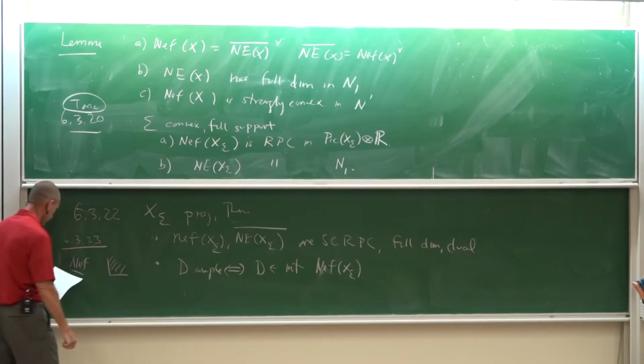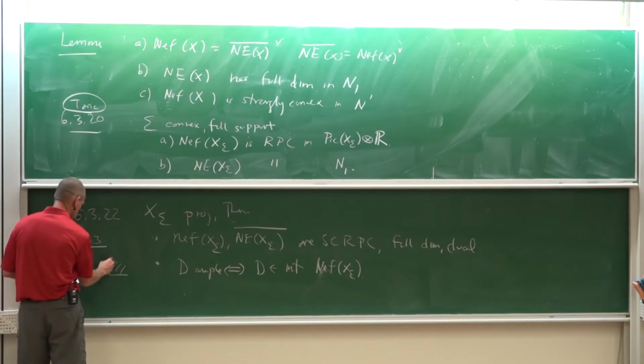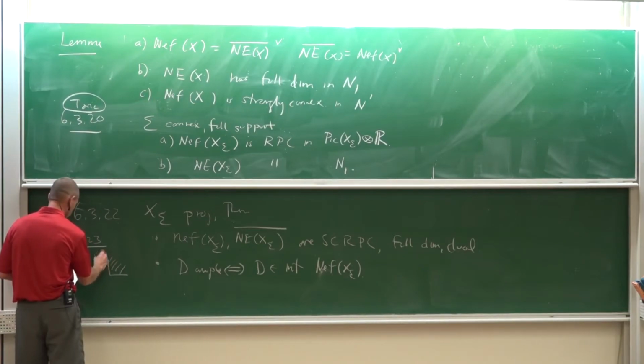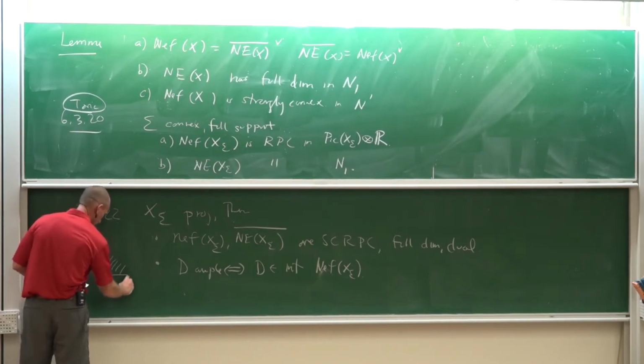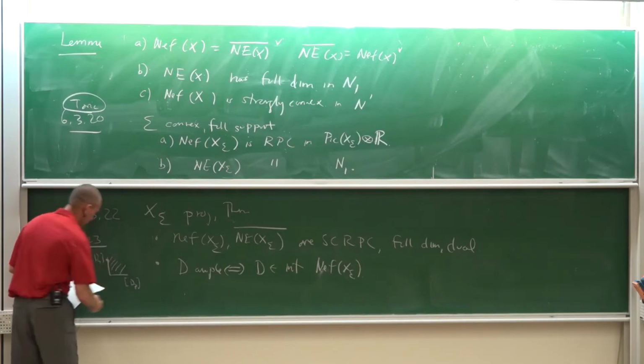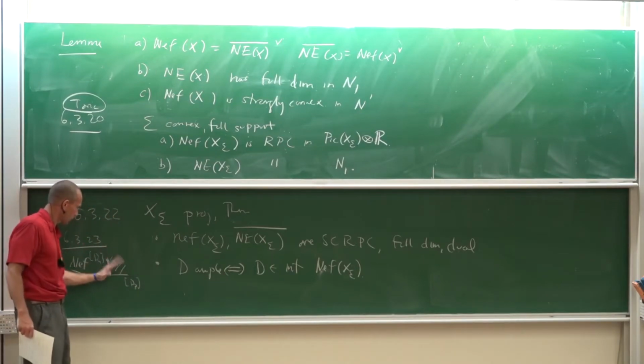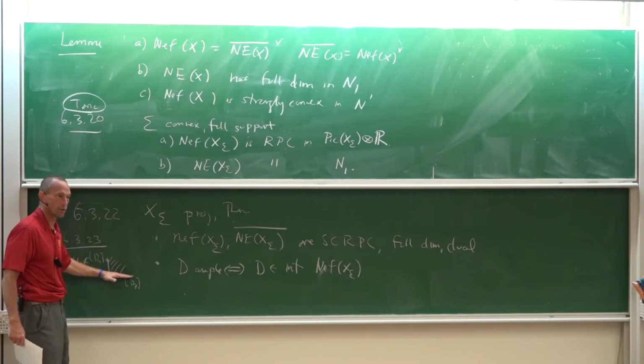One of these classes could be generated by D4, one's generated by D3, right? And the point is, if I'm just on this ray or this ray, I get base point free, but I'm not ample, and as soon as I'm in the interior of this cone, I get ample.